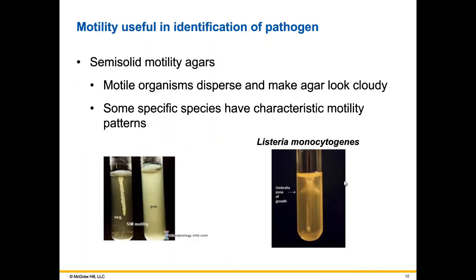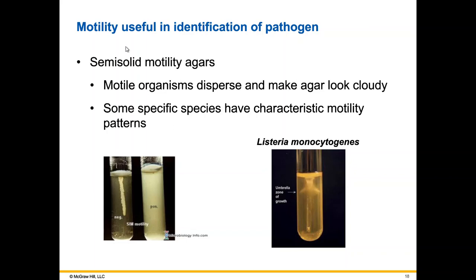All right. Something that might be of use to know is that motility is a useful identifier for pathogens. So if you have an infection and you go to the doctor, they take a sample and they send it to the microbiology department in the lab. If they're trying to identify that pathogen, they want to know what bacteria you're infected with, so they know the best method of treatment.